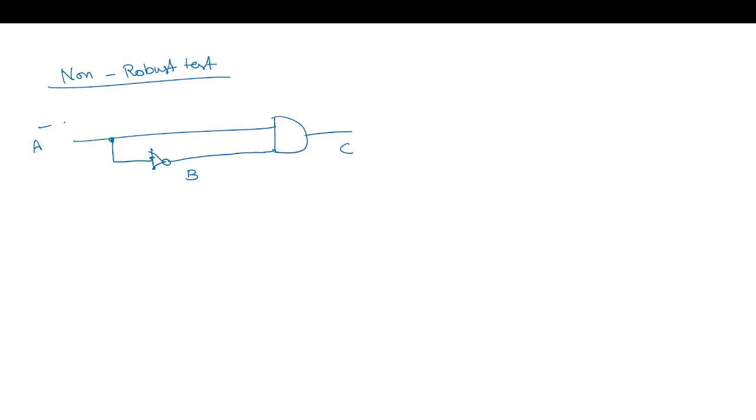If we have a transition here, this will give a transition here, this will be inverted, and because of this inverter, if you consider this point, there might be some delay. So the output will be like this.